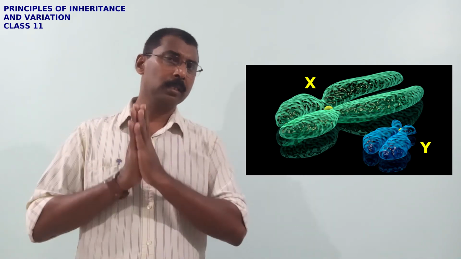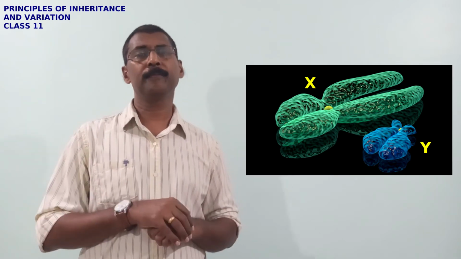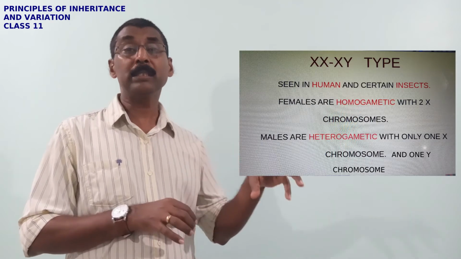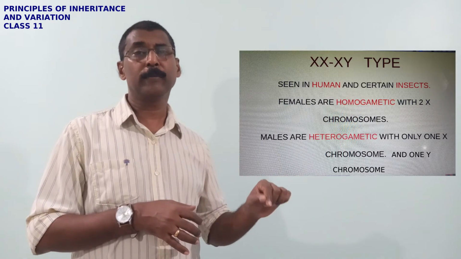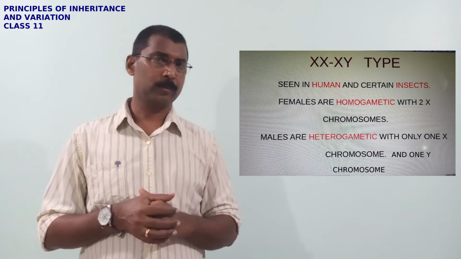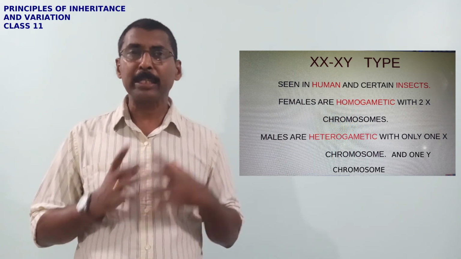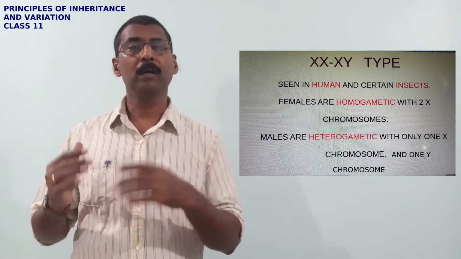Females are with a pair of X chromosomes as allosomes or sex chromosomes, and males are with one X chromosome and one Y chromosome. So males are heterogametic and females are homogametic.